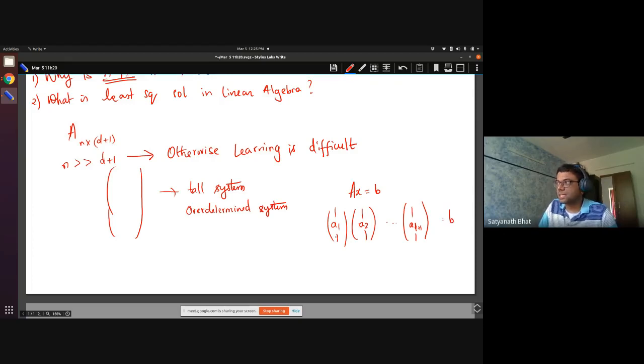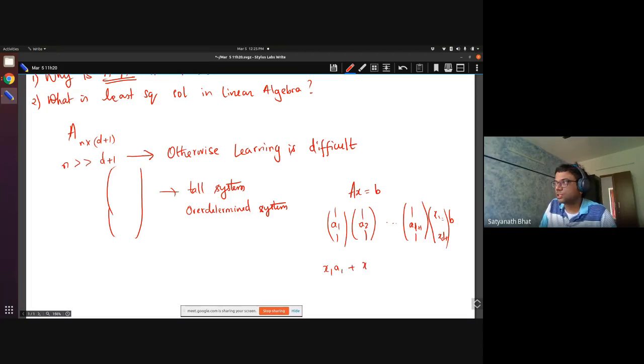What I'm asking is, is there some linear combination of x1 to x d plus 1, so is there something like x1 a1 plus x2 a2 plus up to x d plus 1 a d plus 1, which is equal to B, right? I'm asking this question. What is meant by solving a linear equation is this, right?